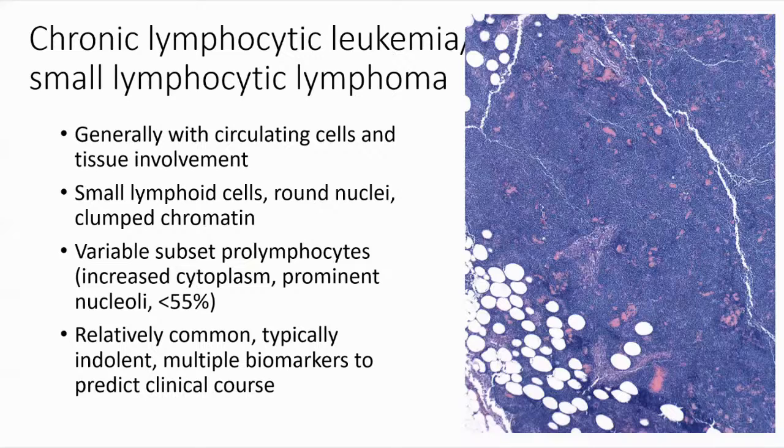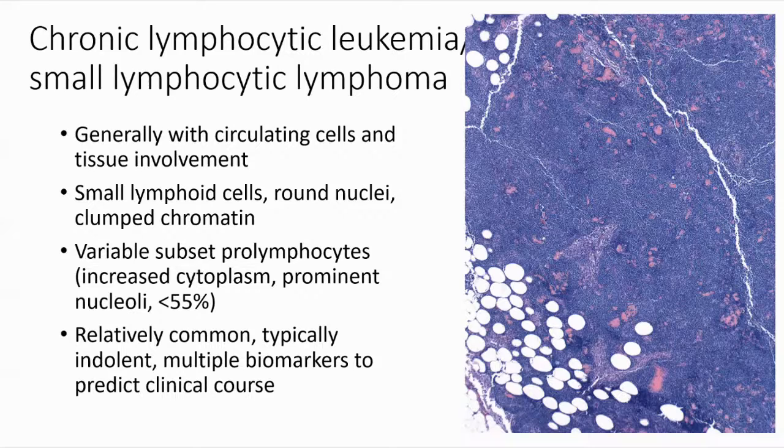Certain treatments can increase the number of these that are circulating, giving you a little bit of a scare. But certainly at diagnosis, these need to be less than 55%, usually much less. If they're greater than 55%, then you're more likely dealing with a prolymphocytic leukemia or something else.